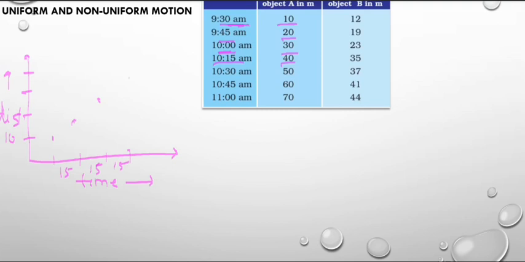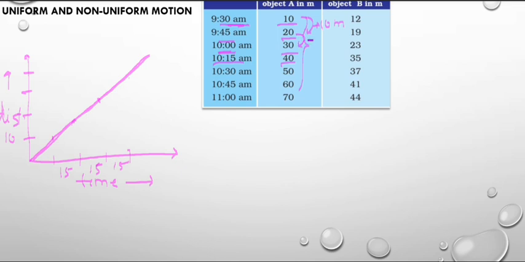Now, students, when we connect these dots, we get a straight line. Here, you can clearly see that object A is traveling equal distance in equal intervals of time. How? After every 15 minutes, it is increasing its distance by 10 meters only.